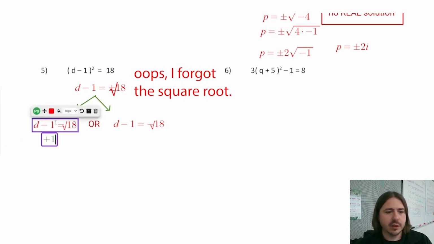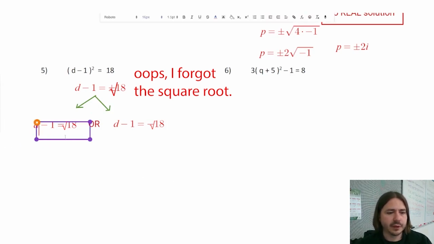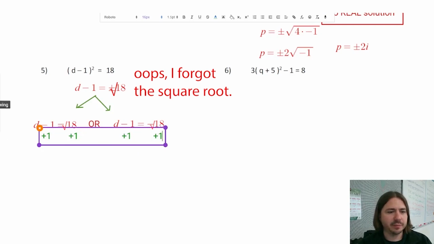Plus 1. We're going to have a bunch of plus 1s here. Maybe it'd be easier to do this. Plus 1, in green. Good to stay consistent here. So we've got plus 1 here, plus 1 here, plus 1 here. We're going to add 1 all over the place.